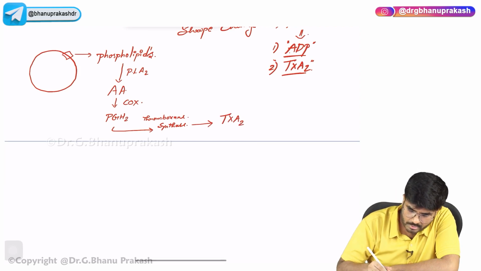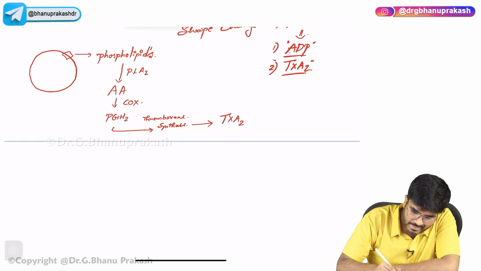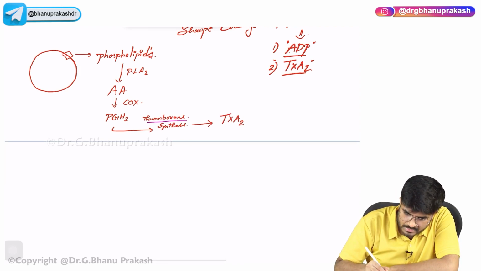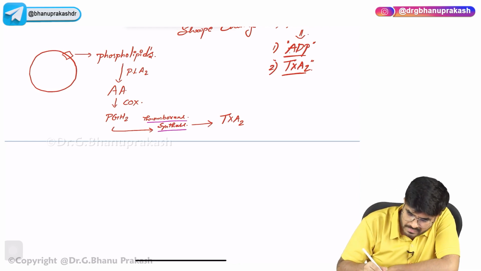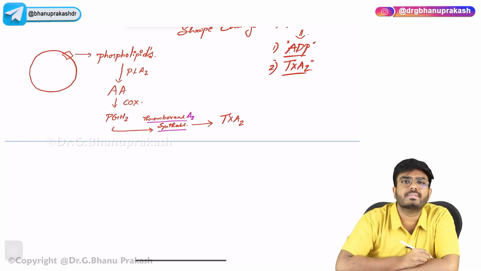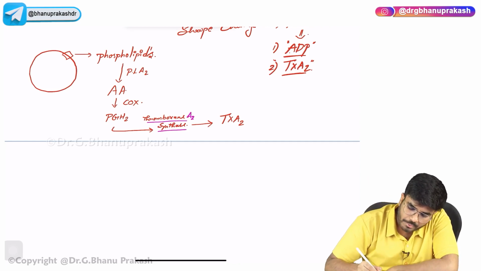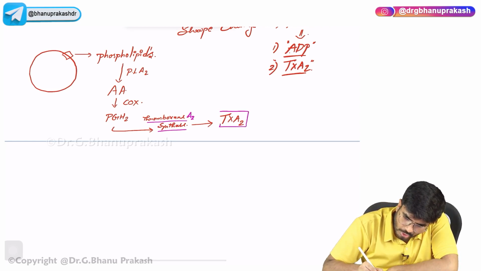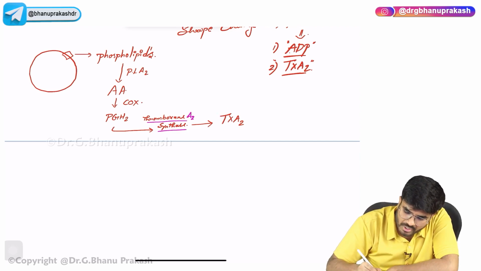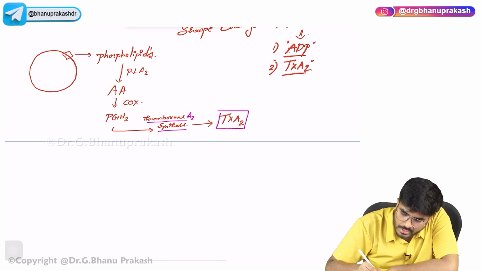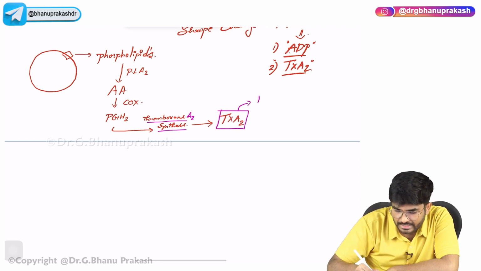So this enzyme is thromboxane synthase, or more specifically thromboxane A2 synthase. All this is happening within the platelet cell. So the platelet is producing the substance thromboxane A2. What is the function of this thromboxane A2? This thromboxane A2 helps in platelet aggregation.